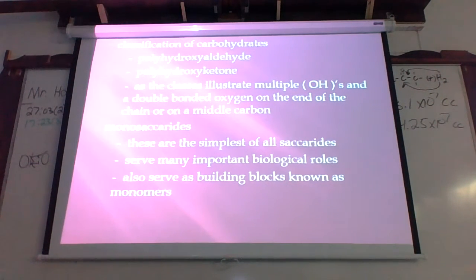And now just looking up at that, rather than looking at the word here, now when I see this, it makes more sense. It's a Fisher projection formula. We're talking about the lines and the railroad ties, or stitches. That's really what you're talking about with a polyhydroxyaldehyde and polyhydroxyketone.